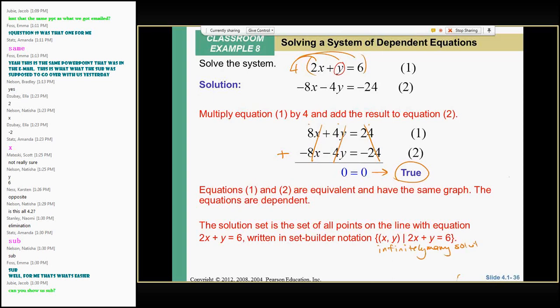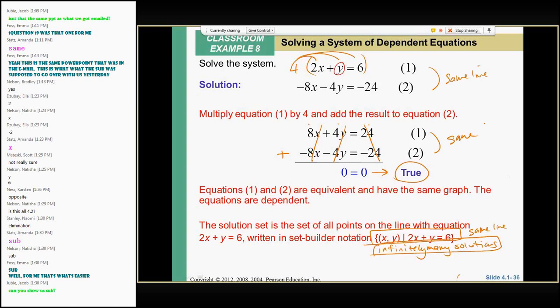Now, honestly, I'm okay with that, but the book wants you to go further. The book wants you to write your answer like this, because what infinitely many solutions means is that it's the same line. They're really saying that these are the same line.